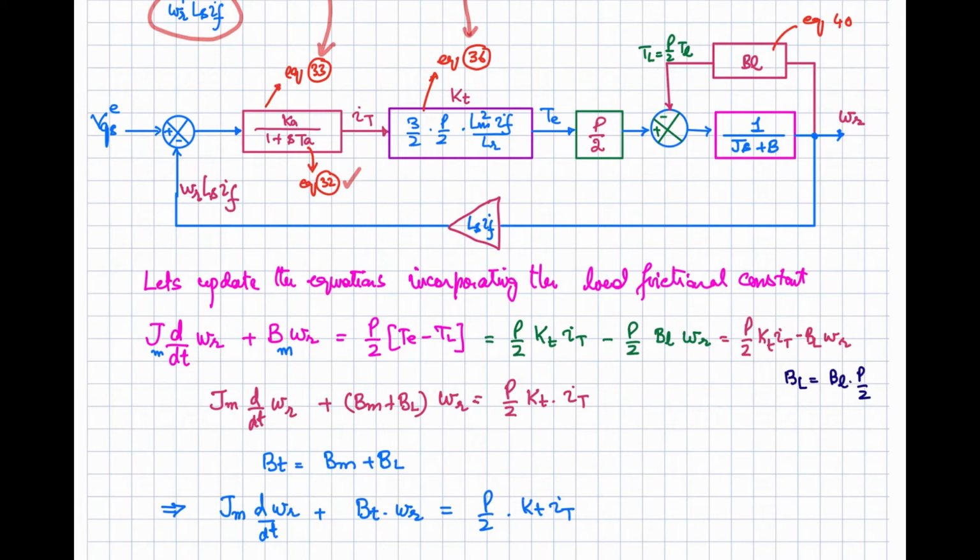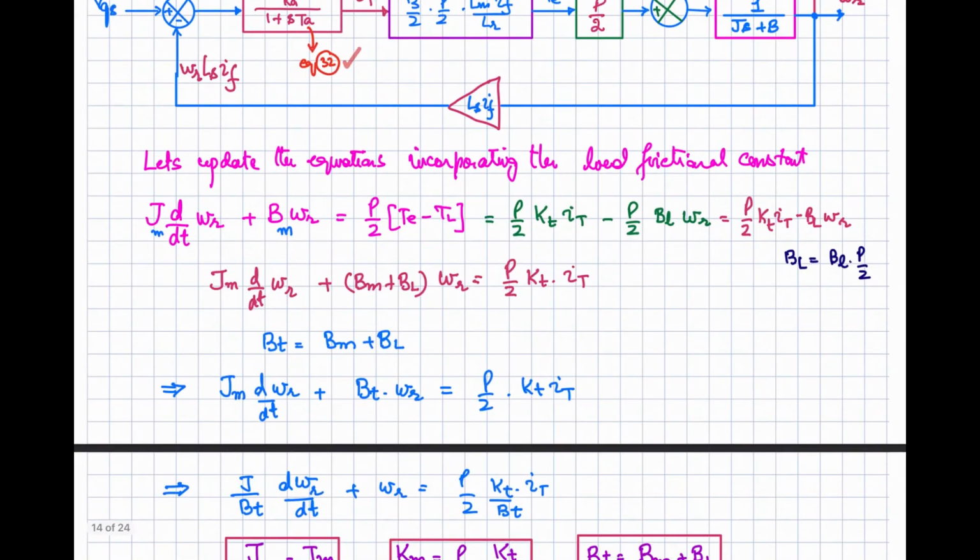So now we can write this Te in terms of the equation that we have seen above, that is equal to Kt into It, and this TL is equal to BL into omega R, right? So first of all, let me call it this small TL, and then when multiplied with P by 2, it will be the capital one. So we can write down this equation like this.